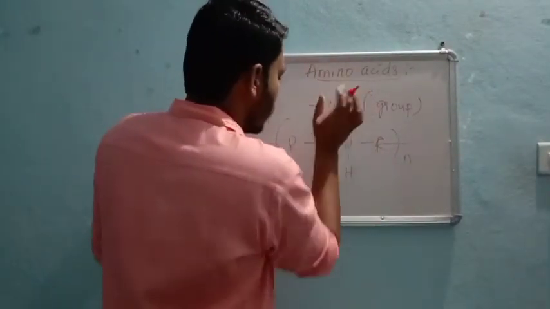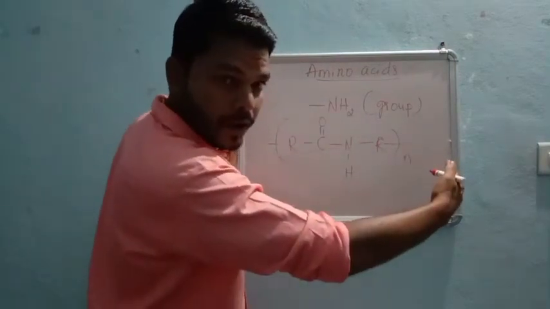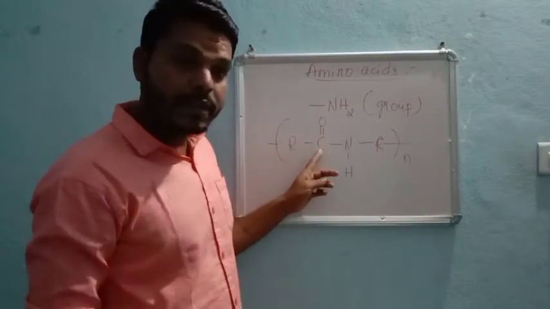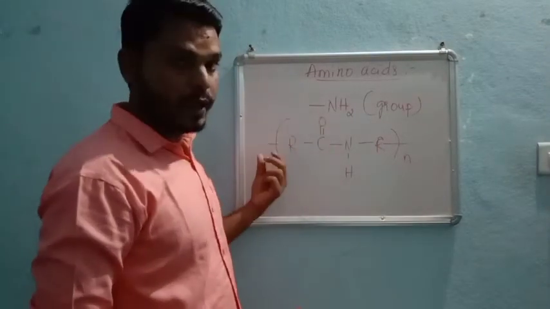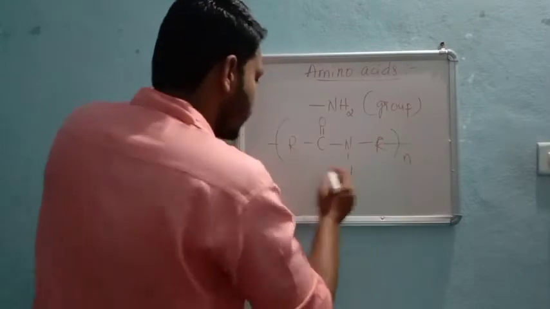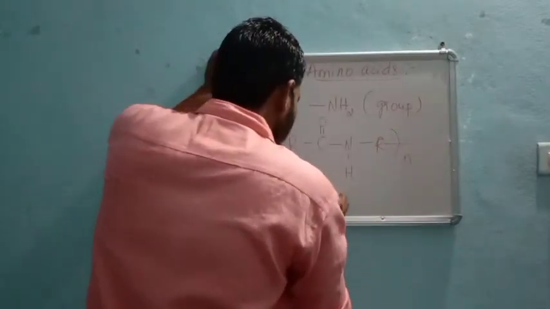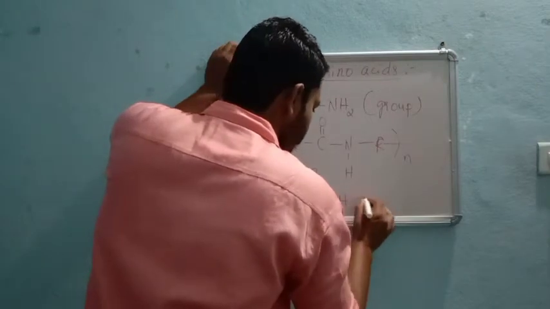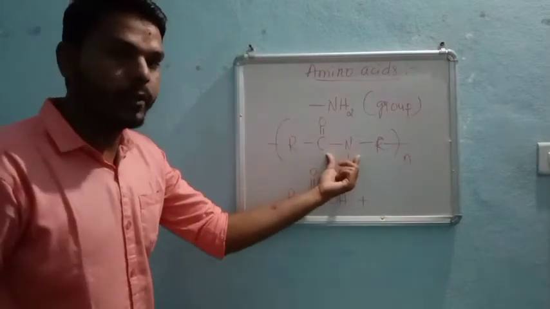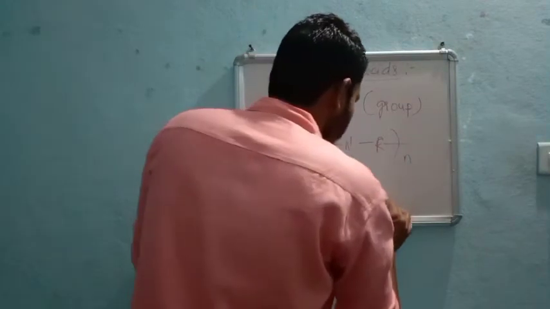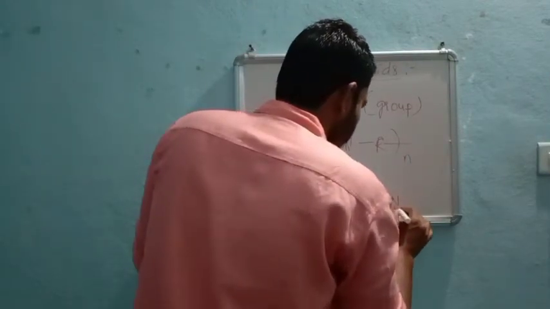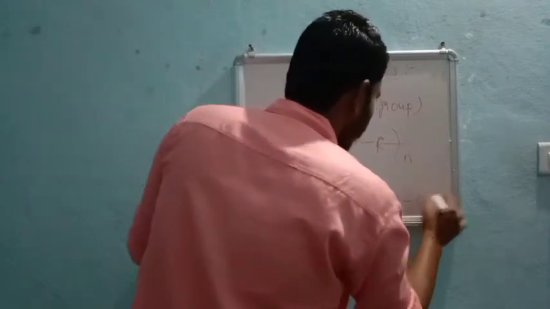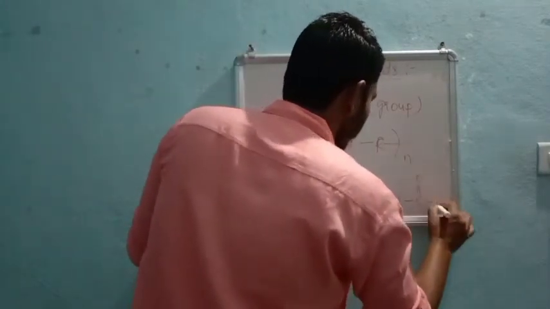The amino group of one amino acid and the carboxylic acid group of another amino acid will react. See, I will show you. C double bond O OH. It will be like this before formation of a peptide bond. So N, NH2, and this is the later part of one more amino acid.